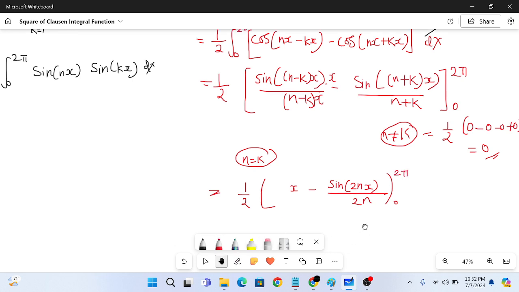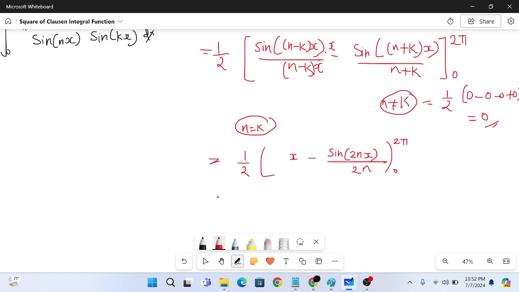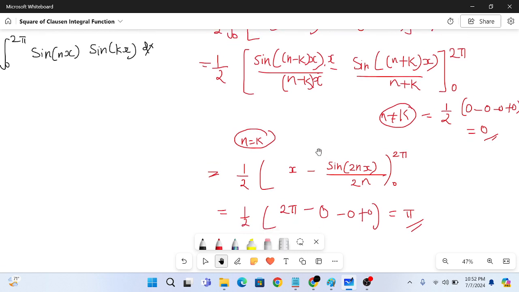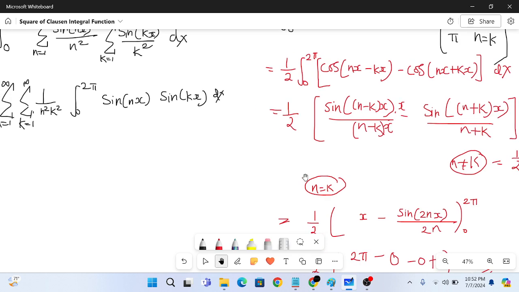Then we have 1 by 2 times 2 pi, and sine of 2n times 2 pi is just 0. At 0, this is minus 0 and plus 0. So this actually evaluates to pi. We can clearly see that when n and k are the same, this evaluates to pi, and when they are different, this evaluates to 0.